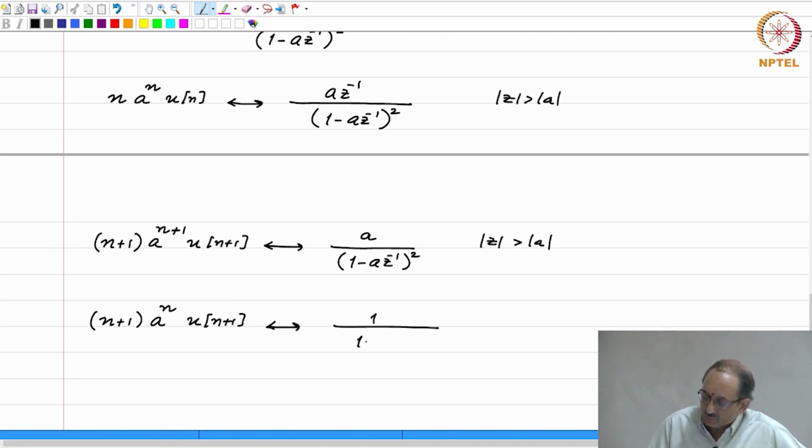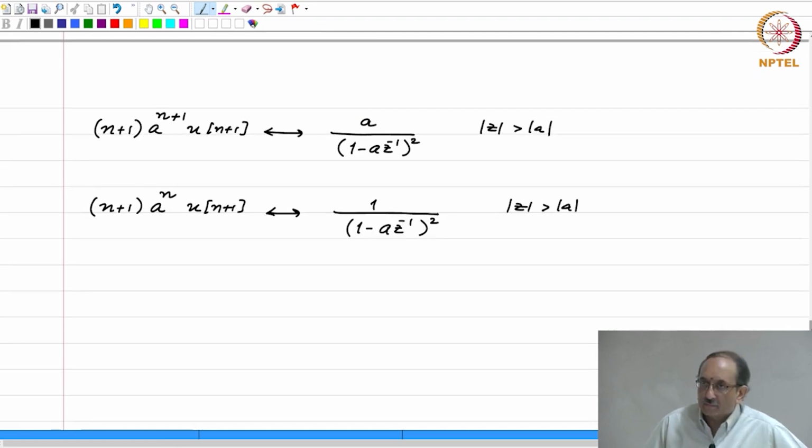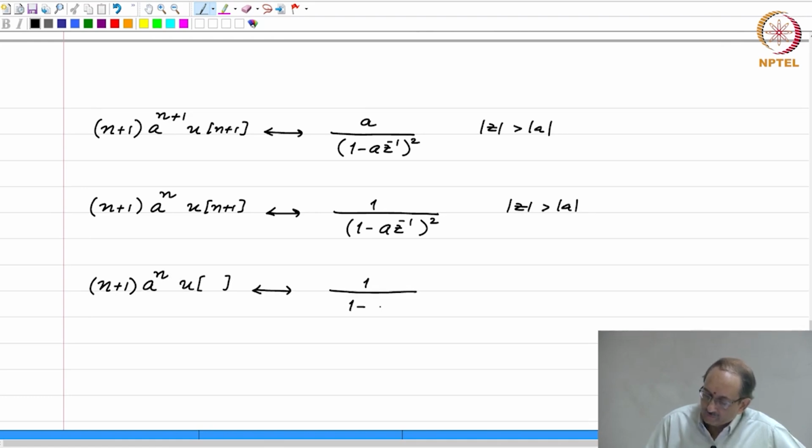This has transformed to 1 by (1 minus a z inverse) whole squared, for mod z greater than mod a, and this in turn is (n plus 1) a to the n u of n.